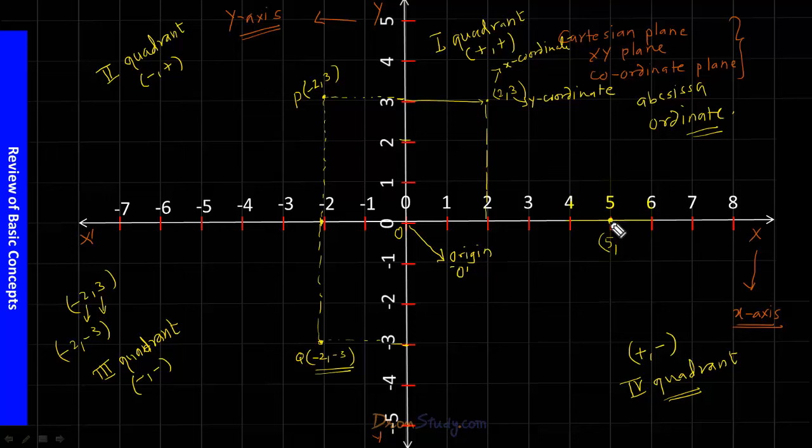And since it is on the x-axis itself, what will the y coordinate be? The y coordinate is the distance from the x-axis, and the point is on the x-axis only, so its y coordinate will be 0. So remember, whenever the point is on the x-axis, its y coordinate will always be 0. Similarly, if the point is on the y-axis, its x coordinate will always be 0.